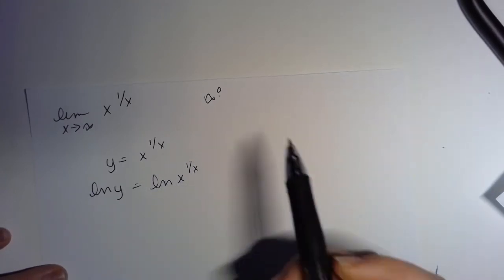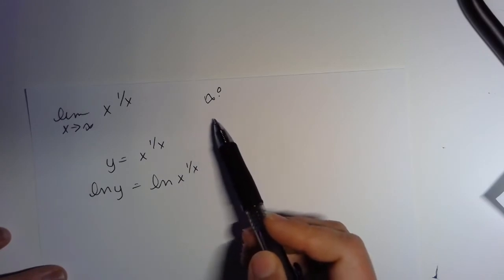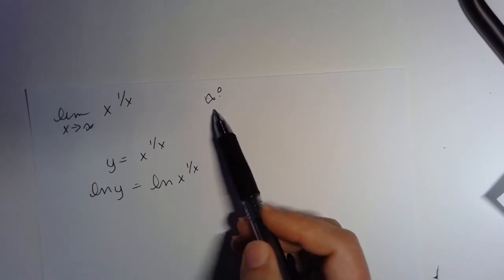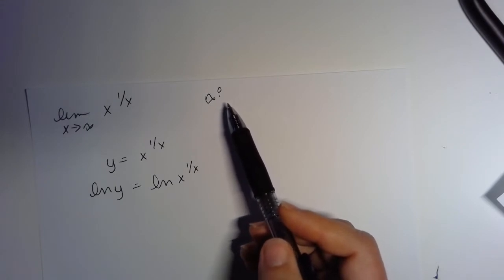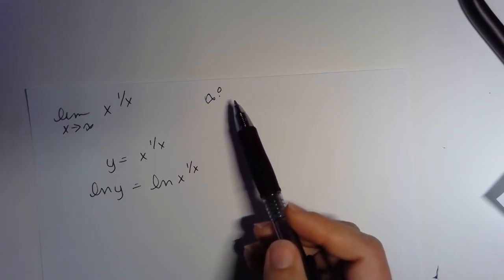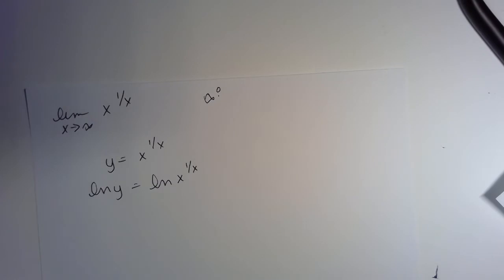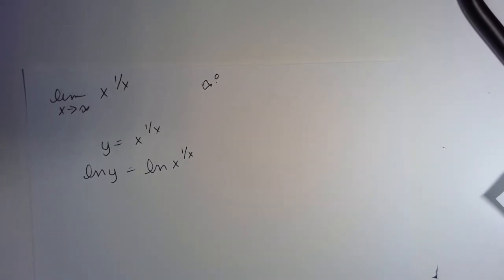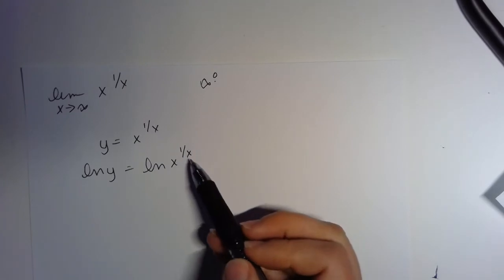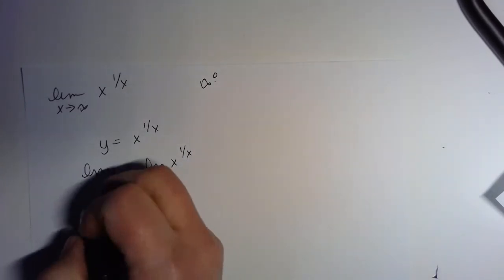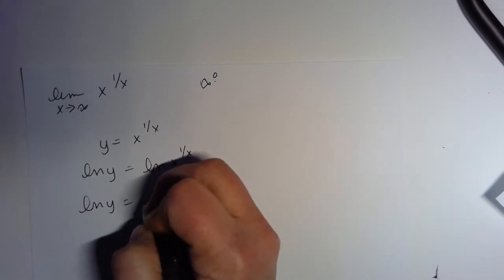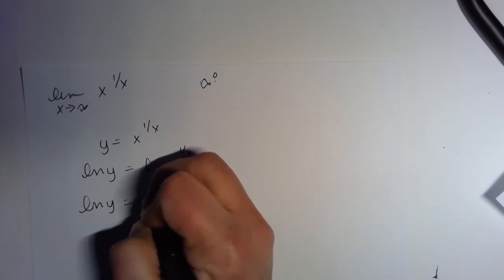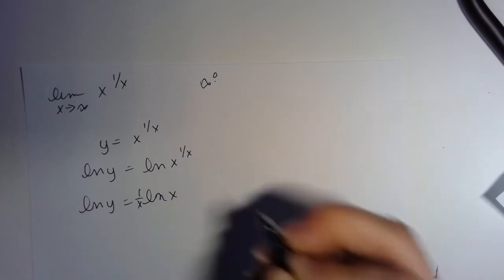Now in the end, because this was one of my indeterminate forms, I need to force it into some sort of fraction so that I can use my L'Hopital's rule on it. So hopefully I can force it into infinity over infinity or 0 over 0, sorry. Okay, so now I can pull down the 1 over x. So I have the natural log of y is equal to 1 over x times the natural log of x.